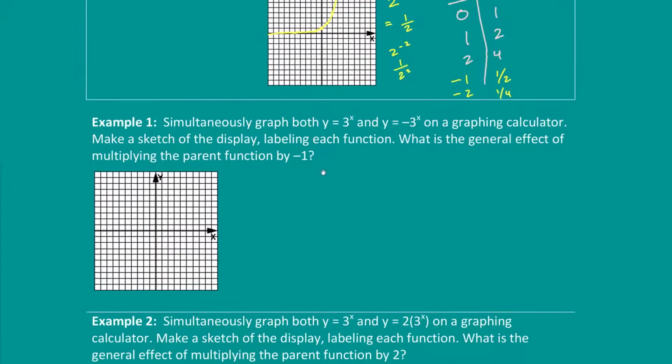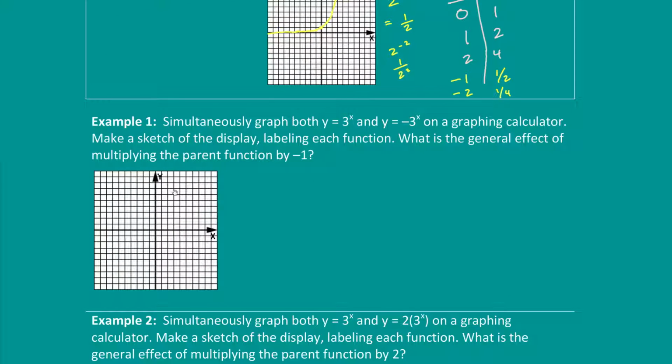So our first example, it wants us to simultaneously graph both y equals 3 to the x and y equals negative 3 to the x. So y equals 3 to the x, very similar to y equals 2 to the x, is just going to be, when x is 0, our y is 1. When x is 1, our y is 3. When x is 2, our y is going to be 9.